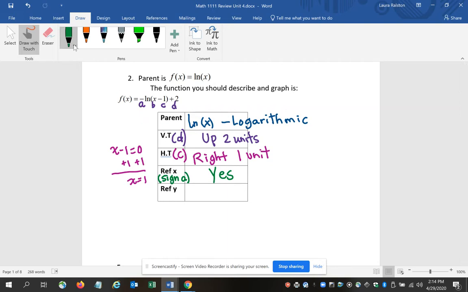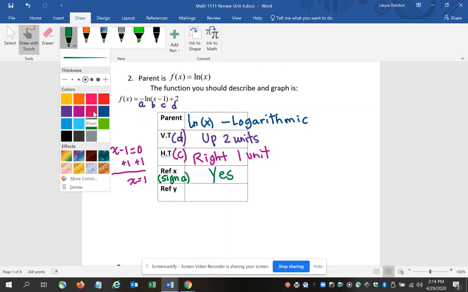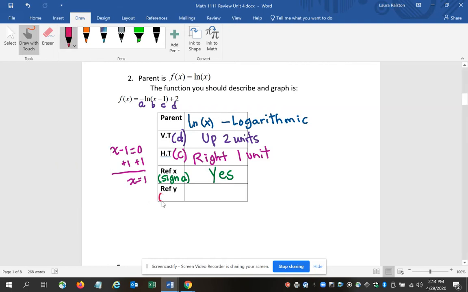And then finally, we have the reflection on y, which is determined by the sign of B. B is positive, so again, there's no reflection on y. Again, you get to use your notes, so I would take good notes. The original discussion for transformations of functions occurred in Unit 2.